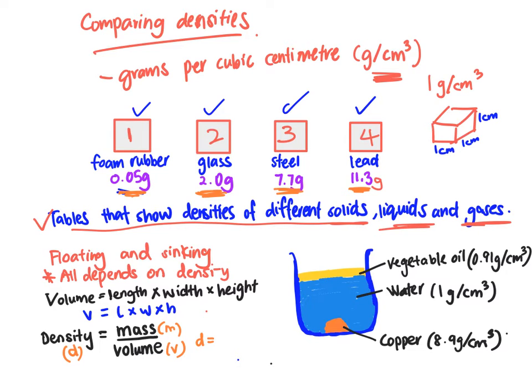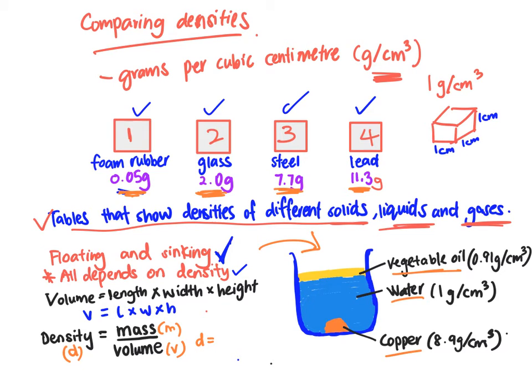Lastly, density also affects how things float and sink. It all depends on density. If you look at this figure on the right hand side, you can see a glass tube, and in it we have vegetable oil, water, and copper. Copper means copper metal.